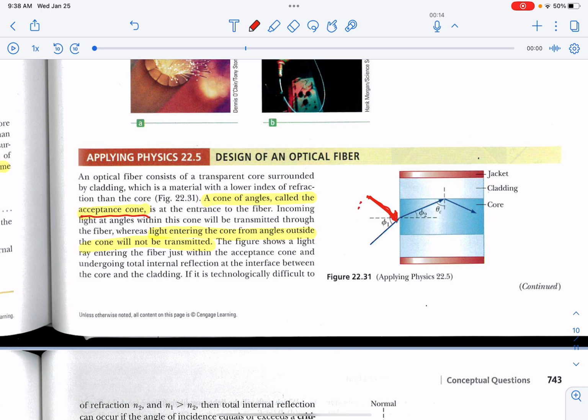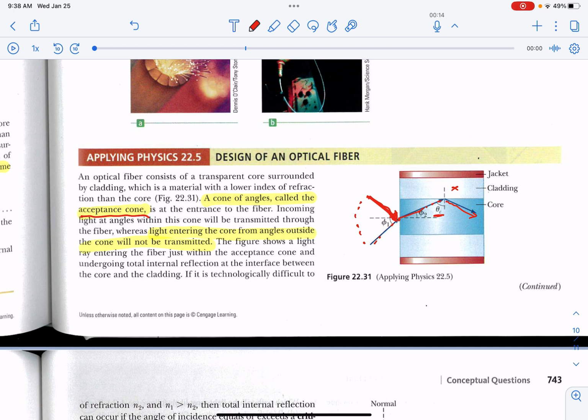The acceptance cone is this cone right there. And if we follow this ray right here, it's going to be refracted towards the normal as it enters the denser medium. But that refraction is within the critical angle. Here's the critical angle. And so it's all reflected and none escapes.